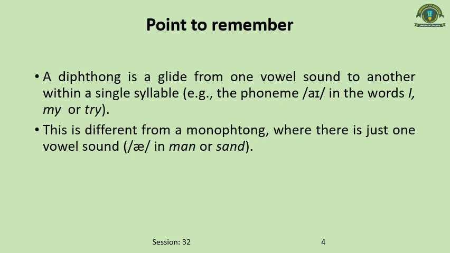There is a phoneme written within the slashes. But two specific signs are making one phoneme. Why is it one phoneme? That's very important to understand. Because there are two signs, both written within brackets or within slashes.